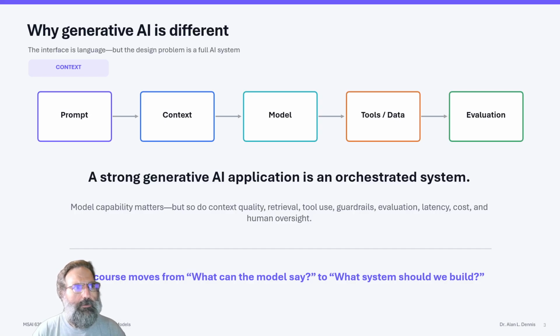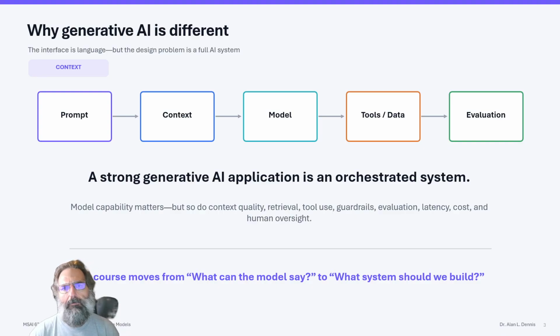By the end of this, we'll have an understanding around how it's different. Generally speaking, the interface is language, and that's one of the things that's interesting. Yes, there are some exceptions, but generally speaking, that's the case. And we'll go through this concept of a prompt that includes the likely context that is passed off to a model.